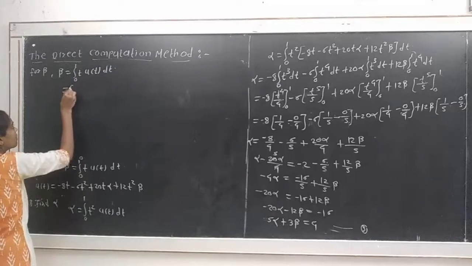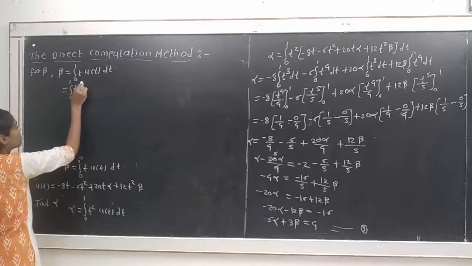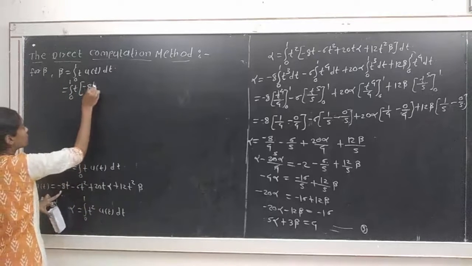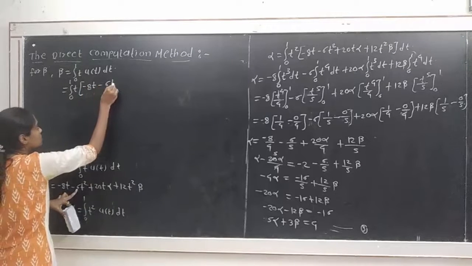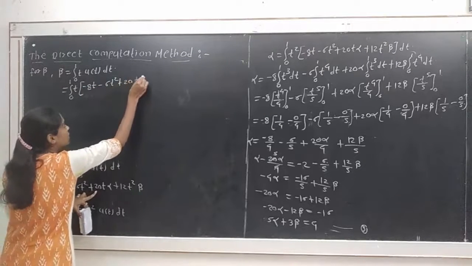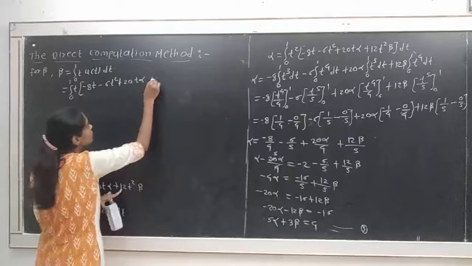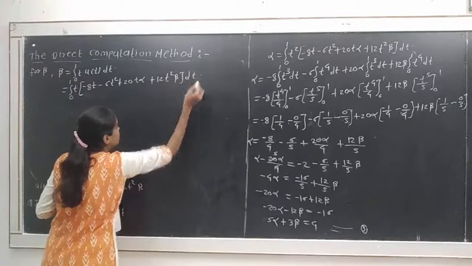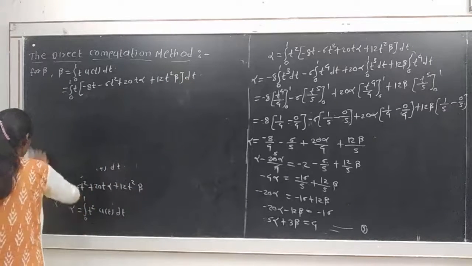We put the value of u of t from 0 to 1, t will be as it is, and the value of u of t from this would be minus 8 minus 6 t square plus 20 t into alpha plus 12 t square beta, into dt.